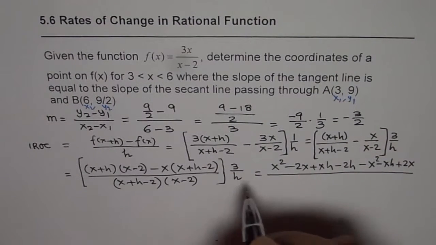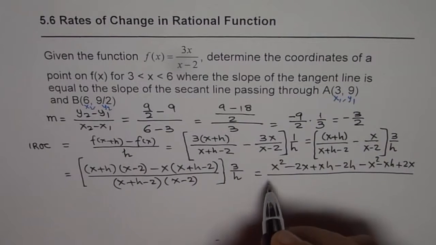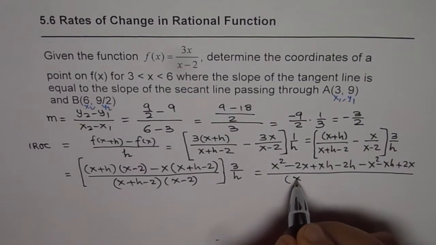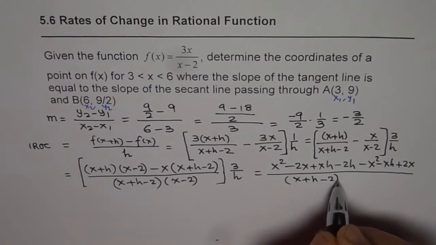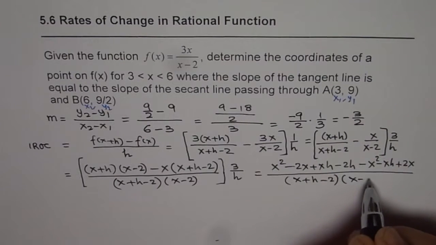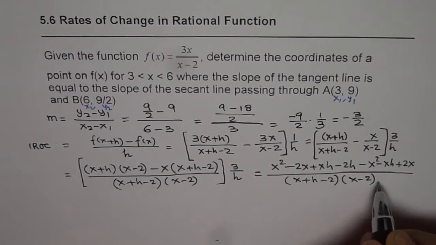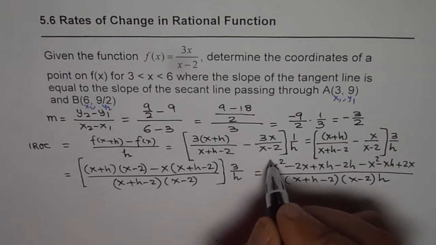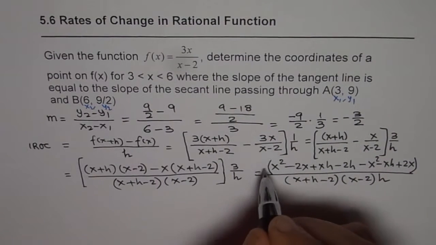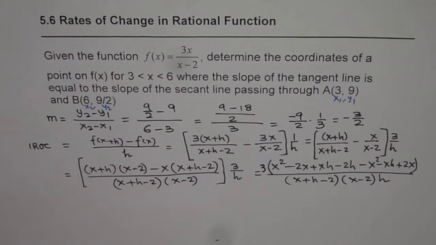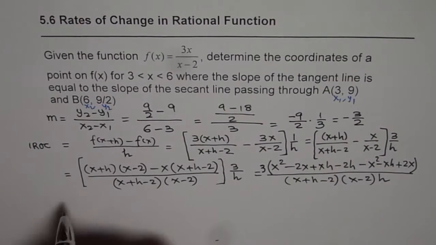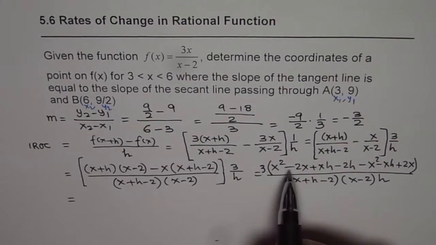Over, okay, I forgot to write that, over x plus h minus 2 times x minus 2. Let me write h here itself. I'm writing h here, and everything times 3. Let me write it here, since I have less space here. Okay, now let's simplify.